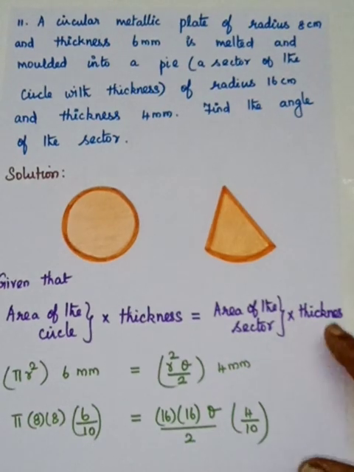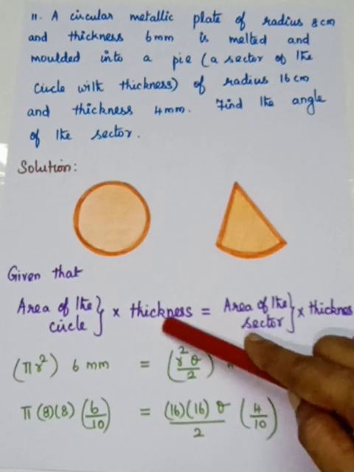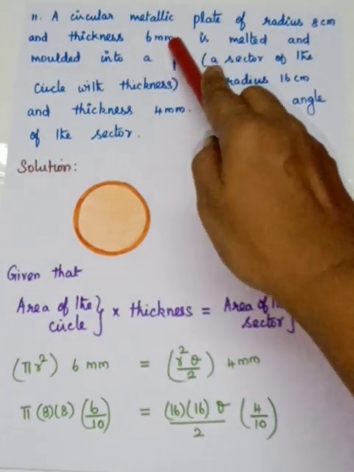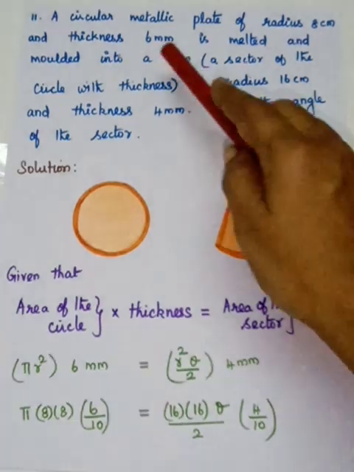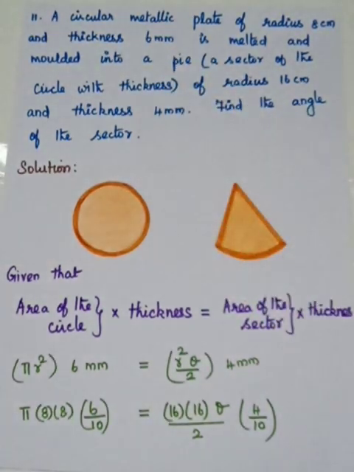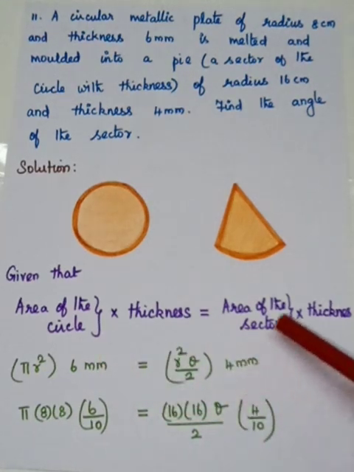Okay. So what is the area of the circle formula? It is pi r squared. What is the thickness of the circle? It is 6 millimeter. You look at your radius. Radius is in terms of centimeter, but thickness is in terms of millimeter. So 6 millimeter I have written. Here also, coming to the area of the sector. Just now we have learnt what is the area of the sector in degree.